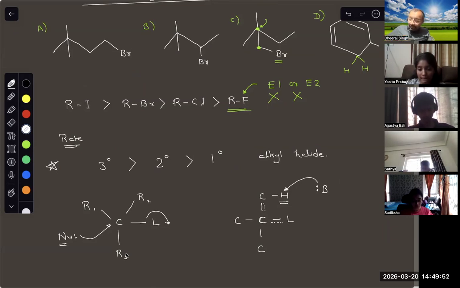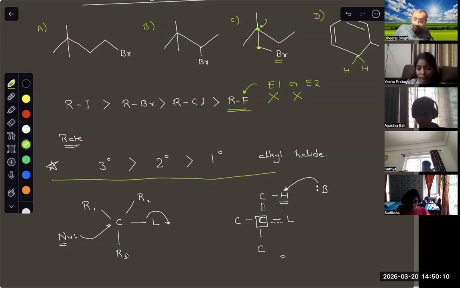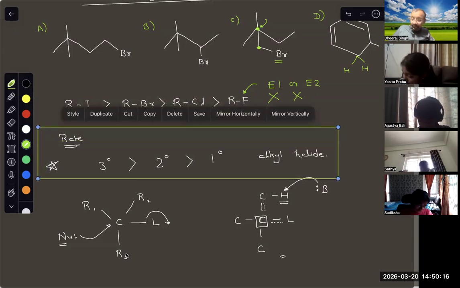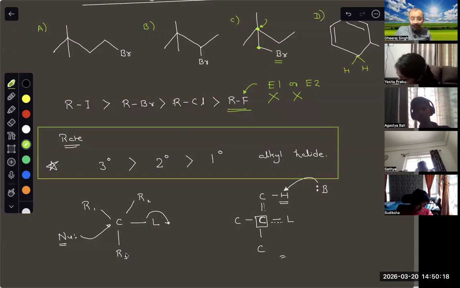Even though it is a 3 degree halide, it doesn't have to attack the 3 degree carbon in elimination. It has to attack the carbon adjacent to the 3 degree carbon. Clear? So please remember, this is different from SN2. Everything else is very similar, but when it comes to the rate of 2 degree, 3 degree, this is different if you compare E2 and SN2.